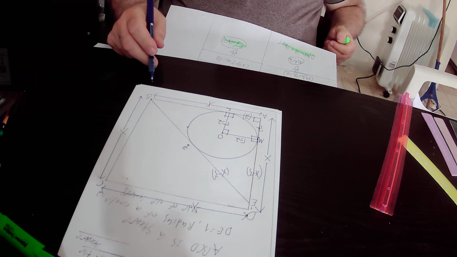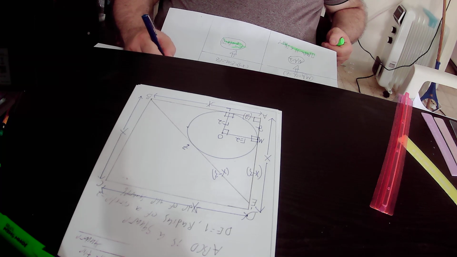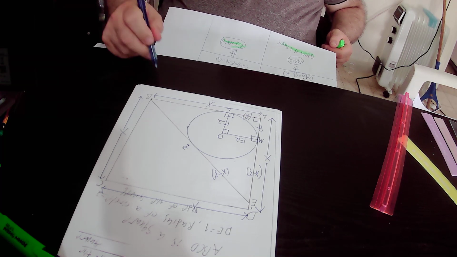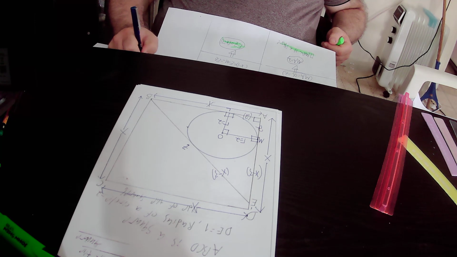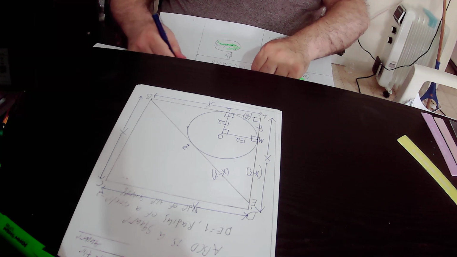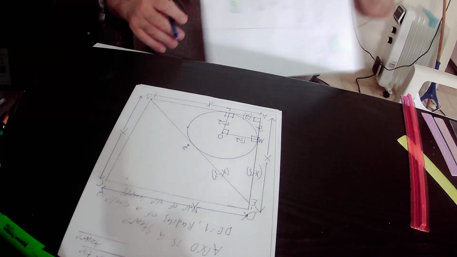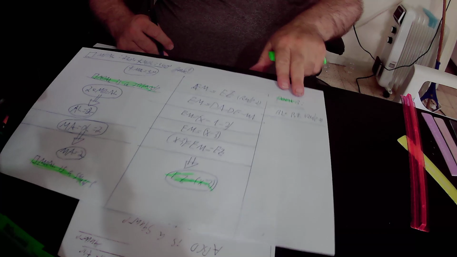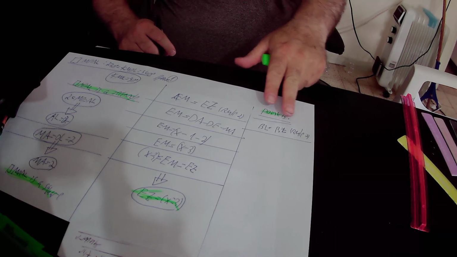The first tangent is tangent BL, and the second tangent is tangent BZ. And according to rule number 2, the lengths of those two tangents are equal to each other. That is to say, BL equals BZ according to rule number 2.